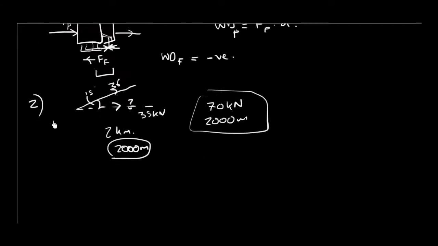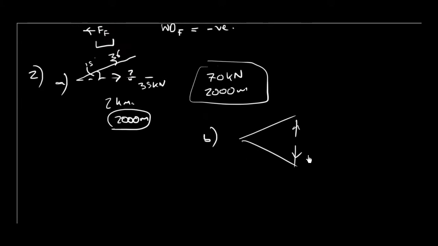Now the slightly trickier part to understand is part B. In part B they ask you to find the work done vertically. So you've already chopped up this force into your vertical in that direction and your vertical in this direction, and the truth is that if the boat is moving along this line, then there's no movement whatsoever up or down.